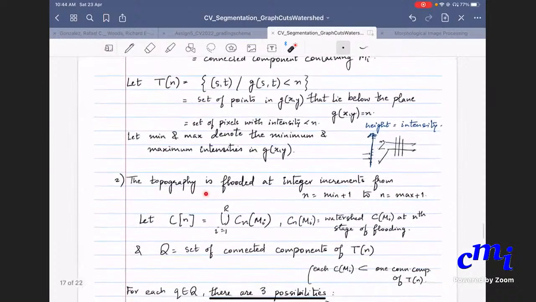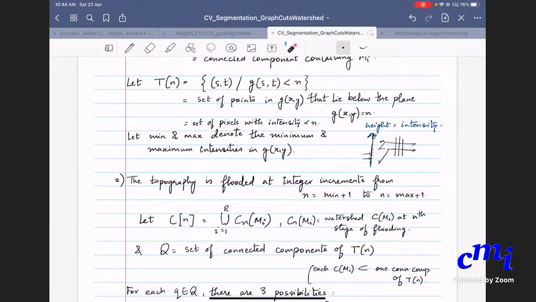Now the topography is flooded at integer increments from n equal to minimum plus 1 to n equal to maximum plus 1. Assuming the minimum is 0, you start filling at integer increments, which means the flooding will be from level 0 to level 1, then level 1 to level 2, and so on.